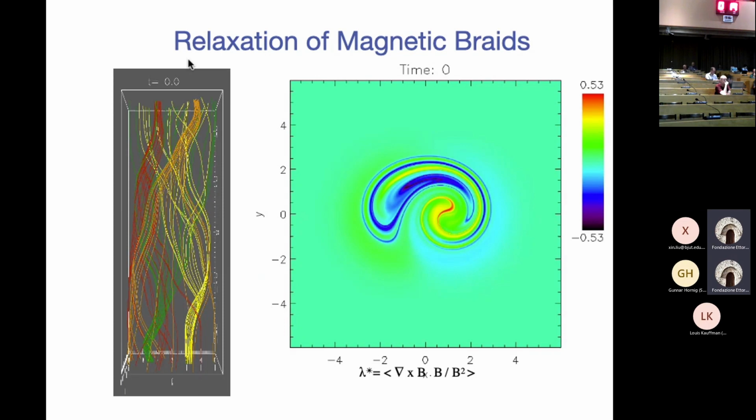On the right-hand side, I show you a plot on the lower boundary, a cross-section of the lower boundary, and what I plotted is the integrated current along any given field line. So each point in this domain here corresponds to a field line, and it is colored according to the value of the integral of the current along this field line.